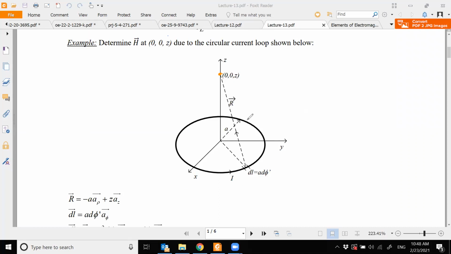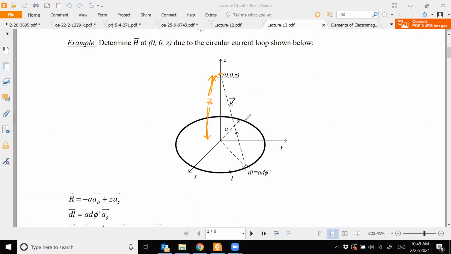And the ring is placed in the xy plane. And if it is (0, 0, z), that means this height is z. Now, what do you do here? And this ring is having the current I. So you have to do it in the same way.